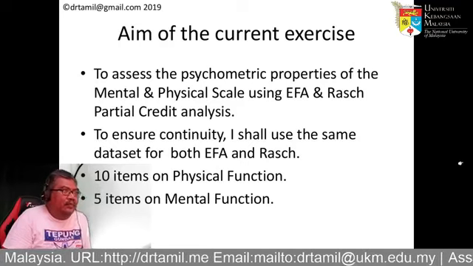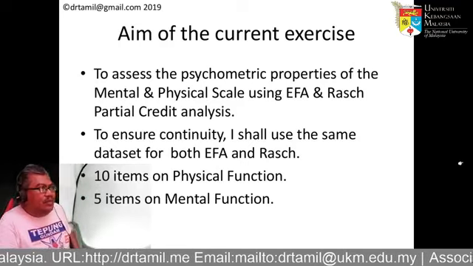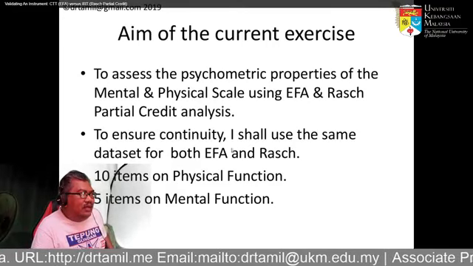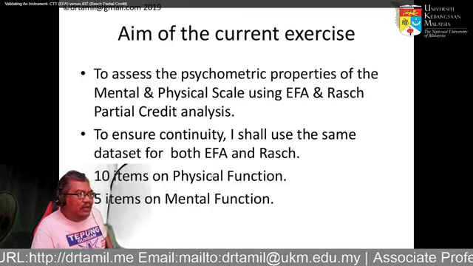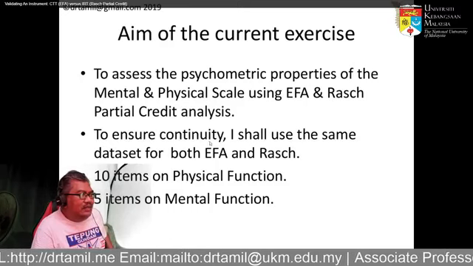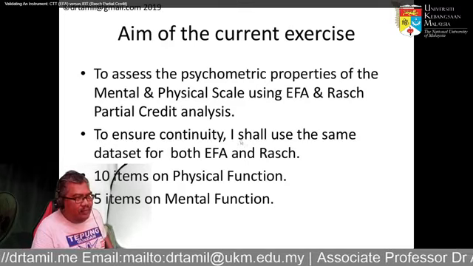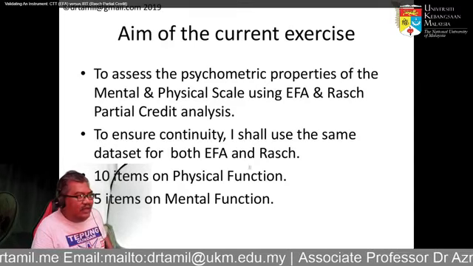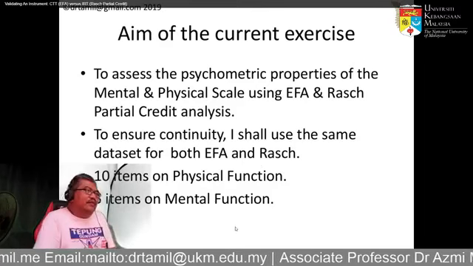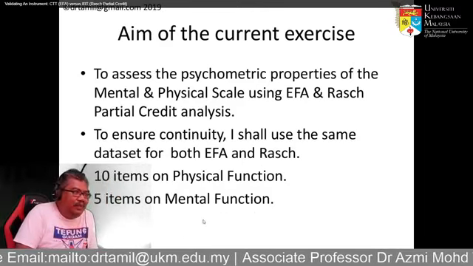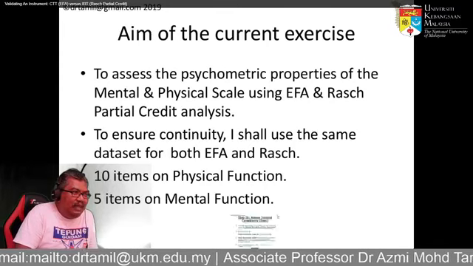Okay. So the aim here is to do EFA and Rasch partial credit analysis, and because it is best to use the same data set, so you all understand, the same data set will be used for both EFA and Rasch. And for this analysis, we have 10 items on physical function and 5 items on mental function.